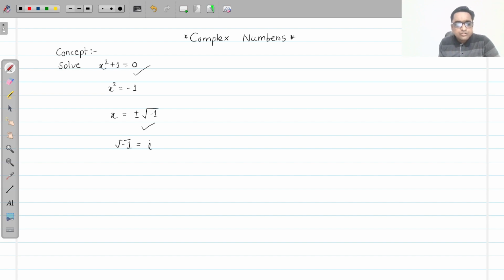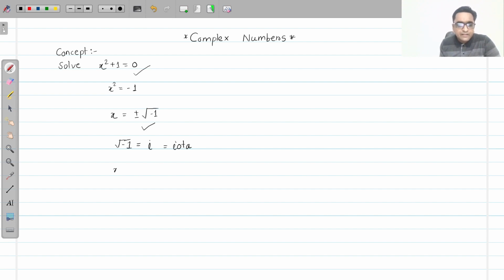You can allot it i, another number you can allot j, k. But first of all, see, under root of minus 1 is equal to i, where i is the Greek letter iota. So let us see, this under root of minus 1 is equal to i can solve our problem.